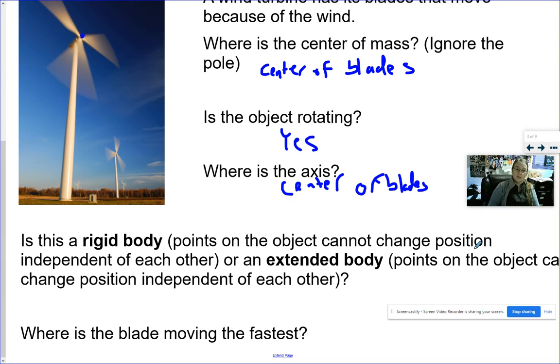What is this? Is it a rigid or extended? This is going to be a rigid body because the blades have to turn together. One blade can't go spinning off on its own while the rest just sit there and don't do anything. So once more, a rigid body means if one point moves, the other has to move as well.